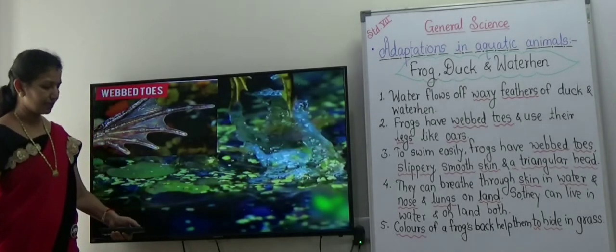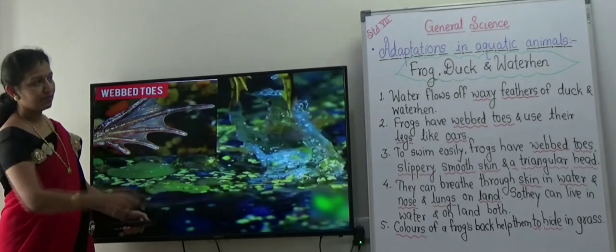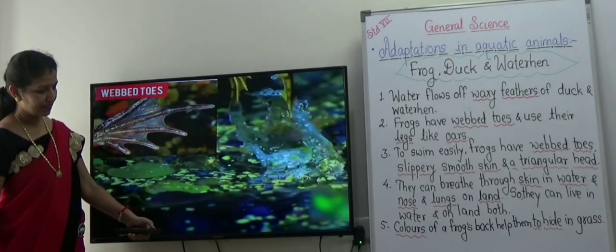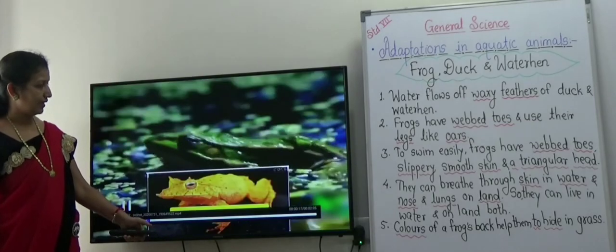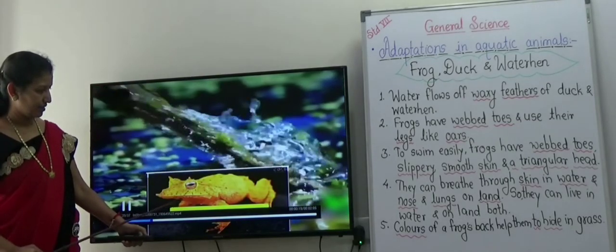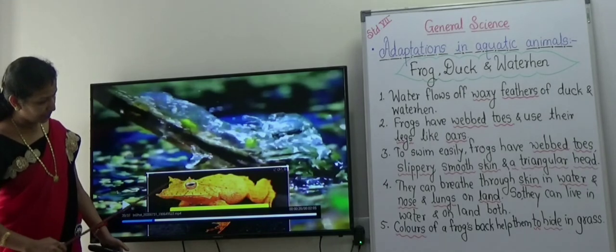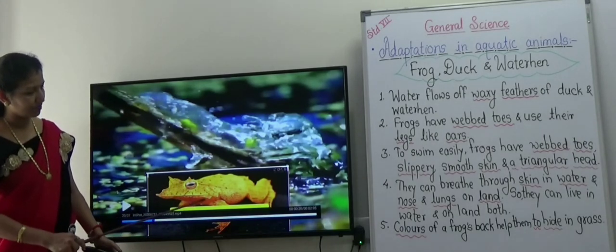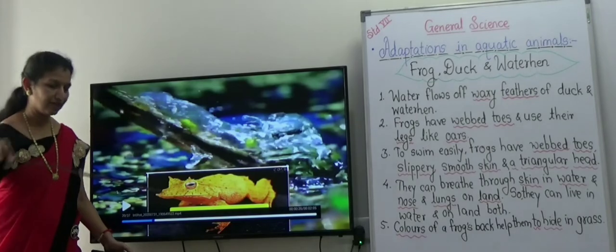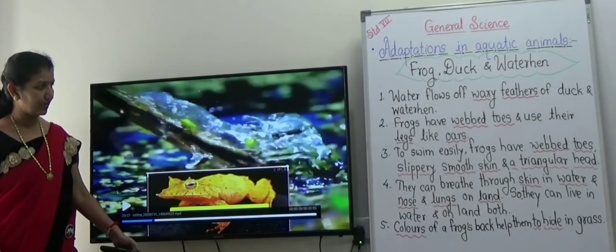Then it has some adaptations like webbed toes, and it has a triangular head. Because of that triangular head, it can dive and swim easily in water.